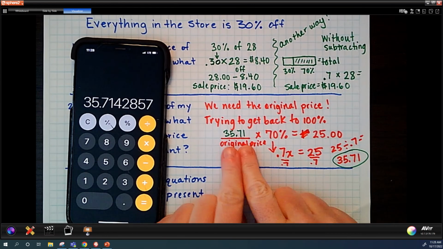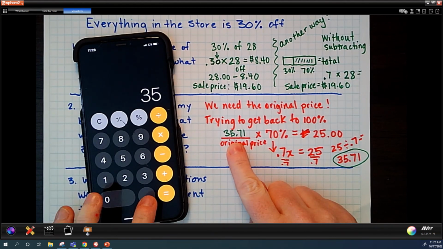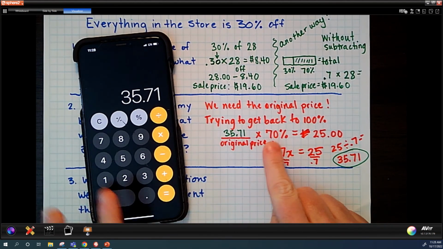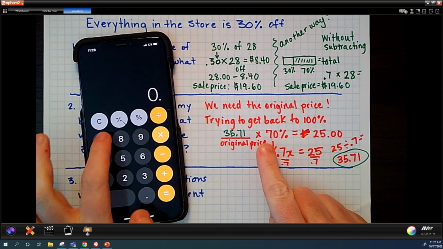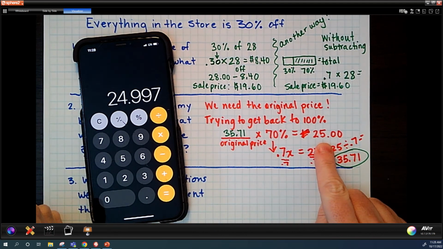We can check by working it backwards. Let's try $35.71 times 0.7. Now remember, I did round my number, so it might not be exact. Yep, $24.997.